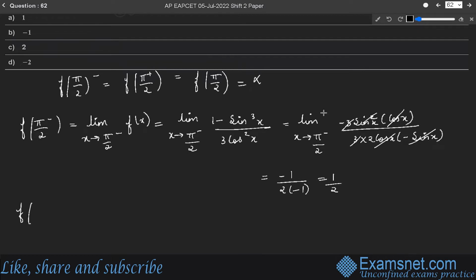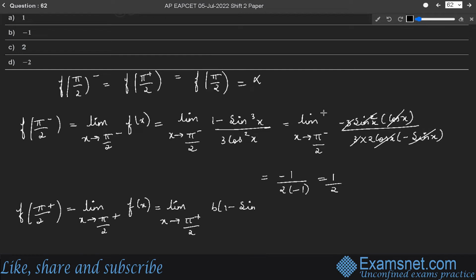Now let us calculate f of pi by 2 plus, which will be equals to limit x tends to pi by 2 plus f of x, which will be equals to limit x tends to pi by 2 plus beta into 1 minus sine x divided by pi minus 2x whole square.